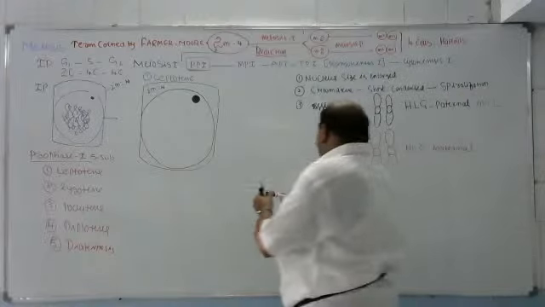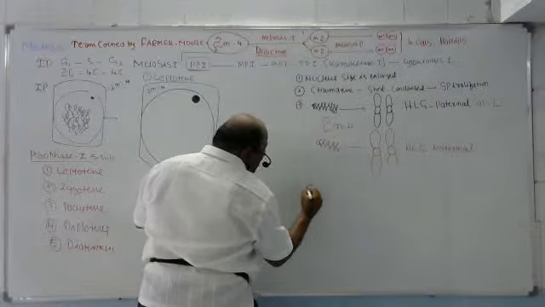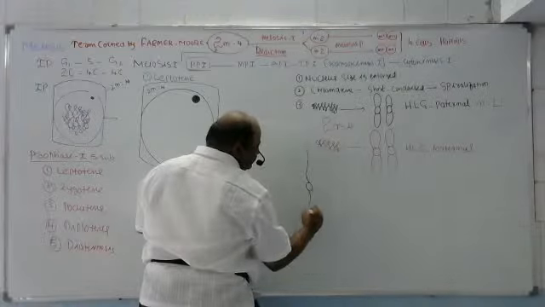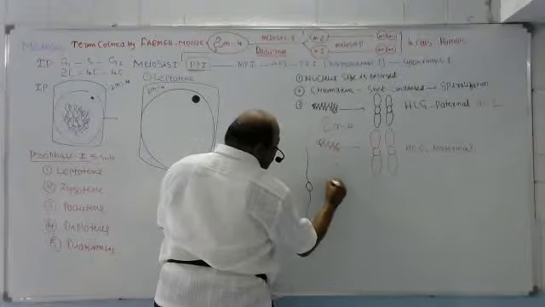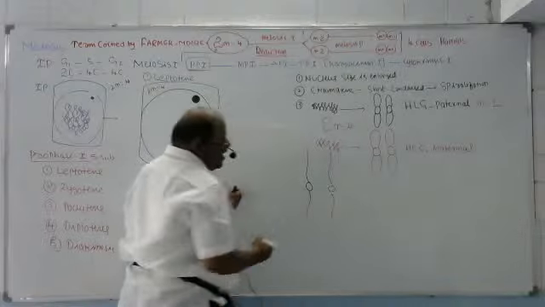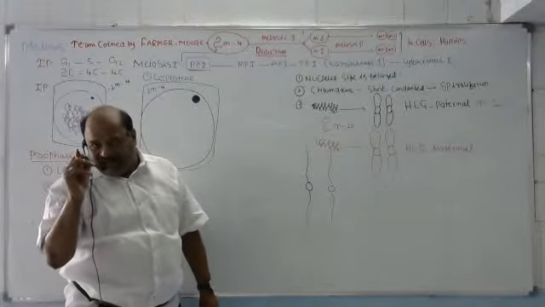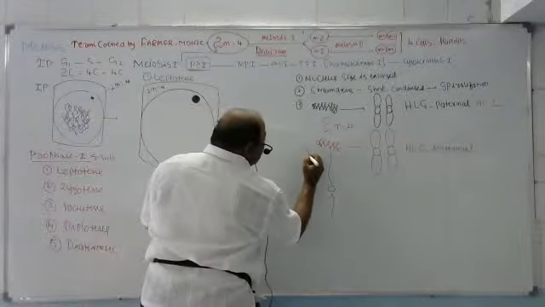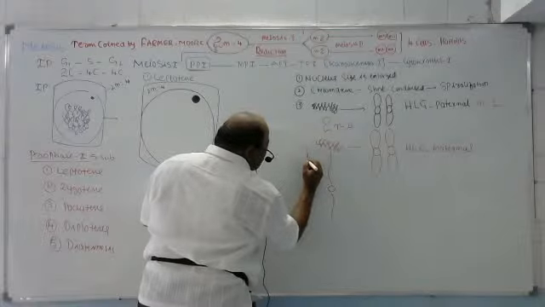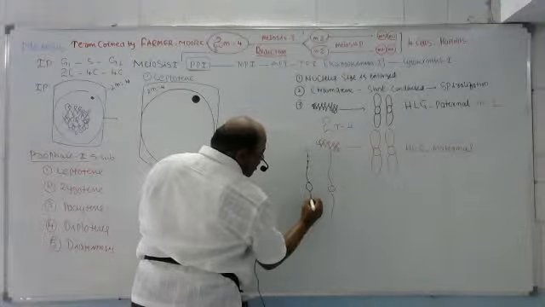For example, this is the maternal chromosome, or otherwise it is a paternal chromosome, whatever it may be. On these chromosomes, small beaded structures are present.